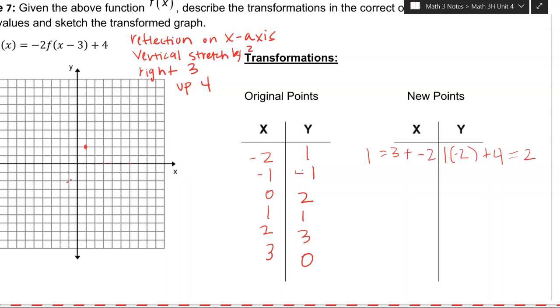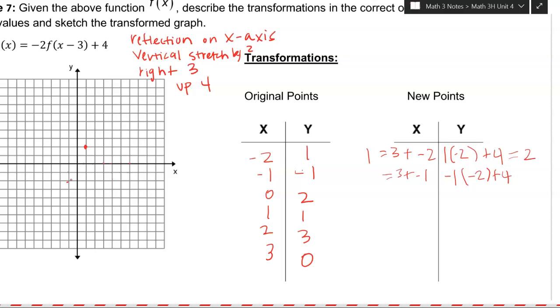Right, next one, (-1, -1). So reflect and multiply, and then add 3, add 4.